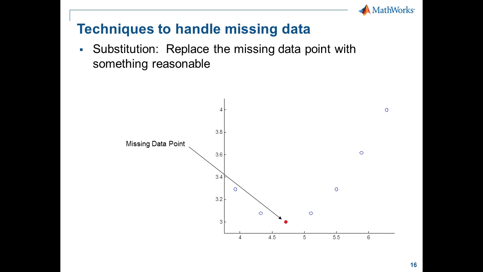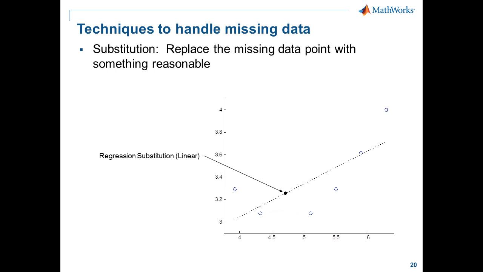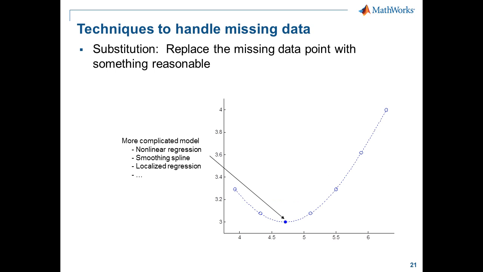So if this particular data point turns out to be missing, we could replace that with the mean of the surrounding data points, the median of the surrounding data points, perform a linear interpolation between the 2 surrounding points, do some type of linear regression, or some more complicated model like a nonlinear regression or a smoothing spline.